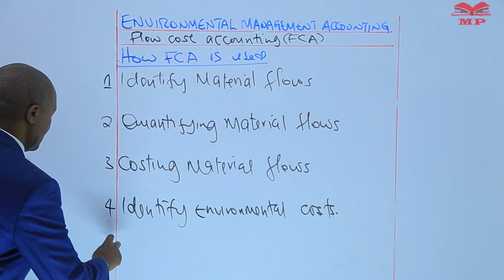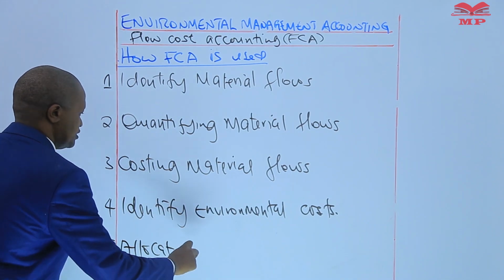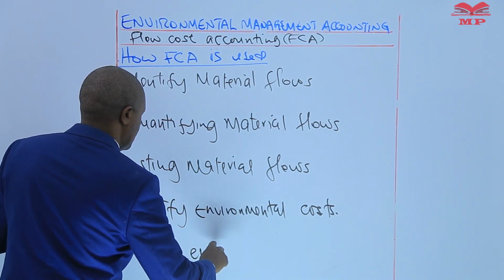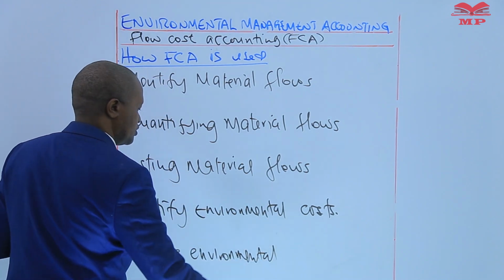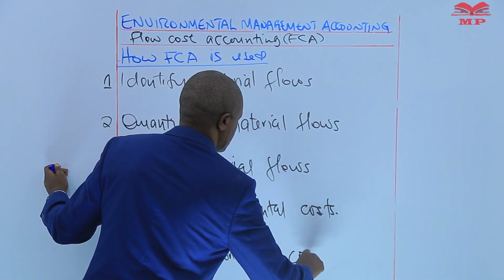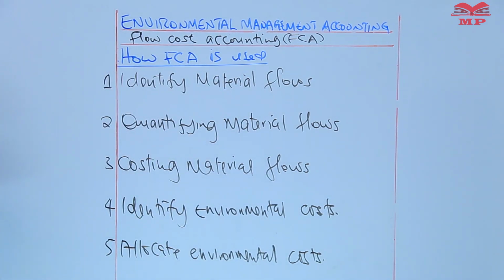Then lastly, allocate environmental costs. Just 5 simple steps.